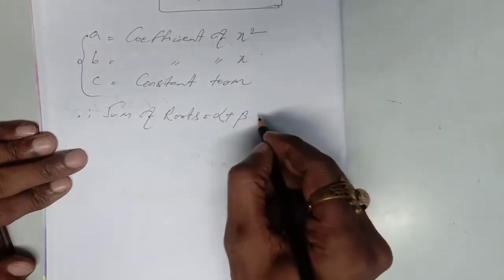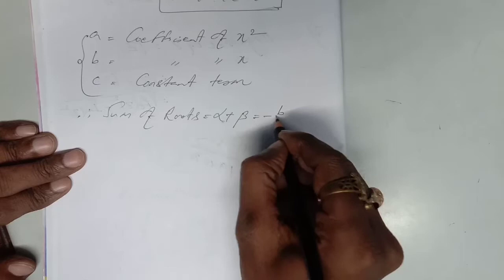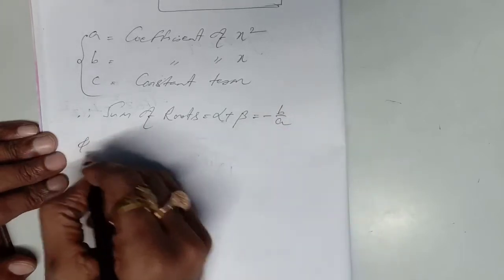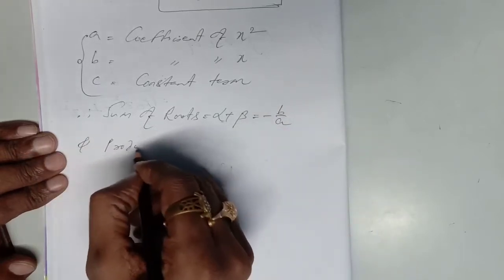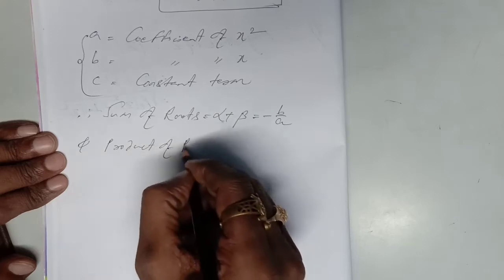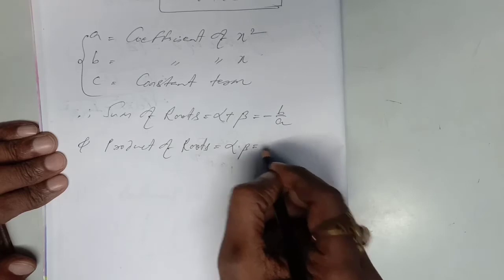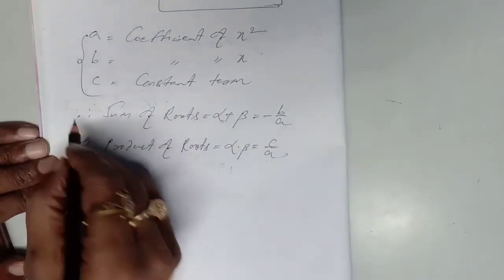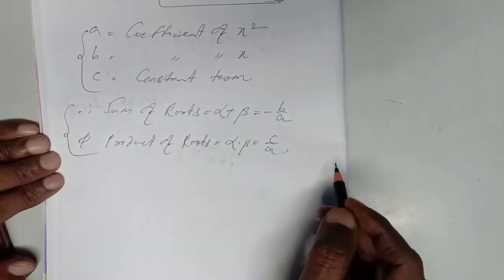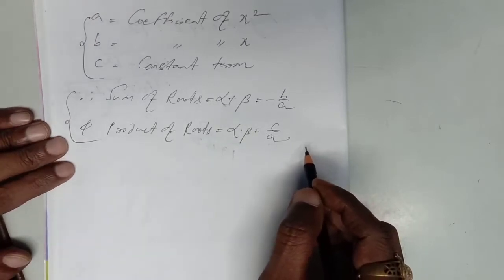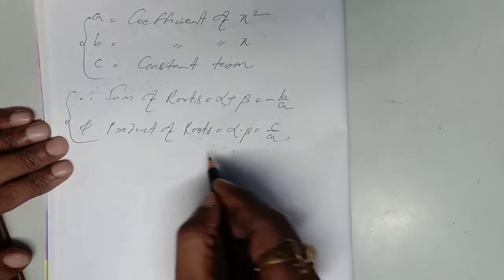The sum of the roots formula is alpha plus beta equal to minus b by a. And the product of roots formula is alpha into beta, which is equal to c by a. These two formulas you have to memorize for exercise 3.3.